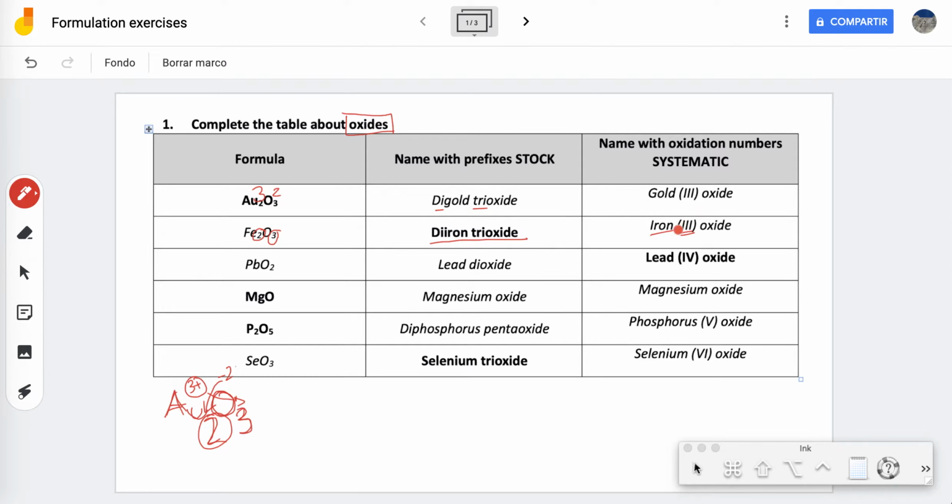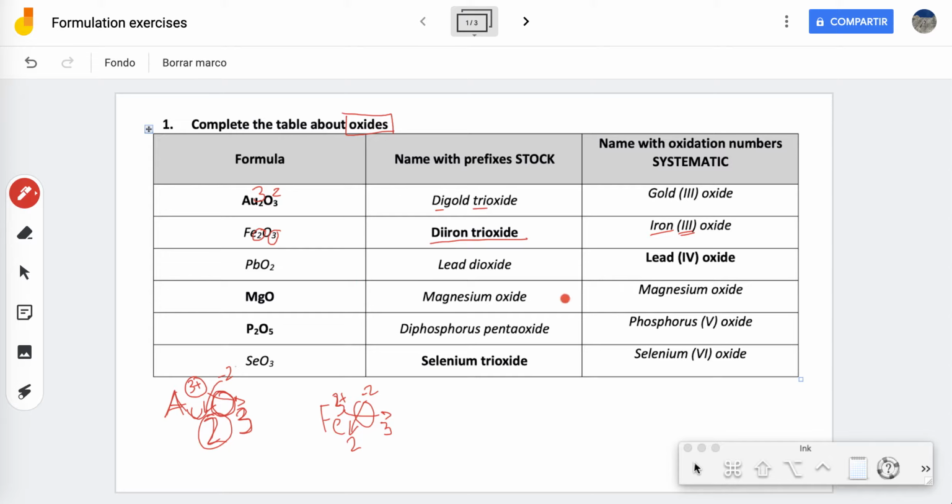Here we need to put the oxidation number used. I'm writing here at the bottom. So iron has +3 and oxygen -2. We swap, we write here 2 and here a 3. Yes, that's it. Good. So we have done this exercise.